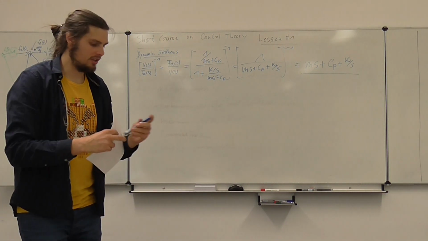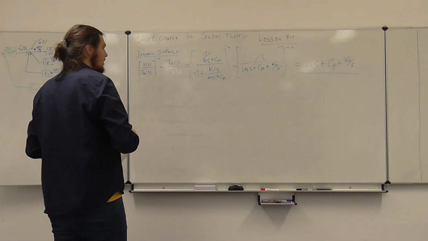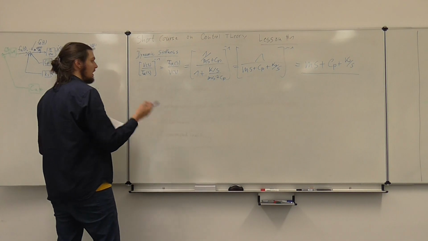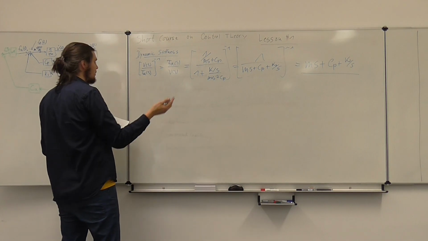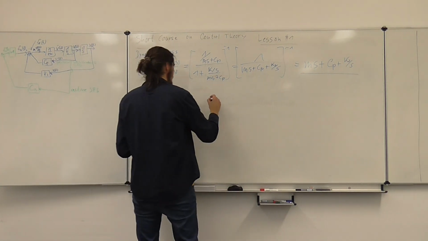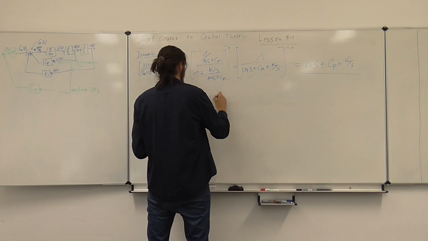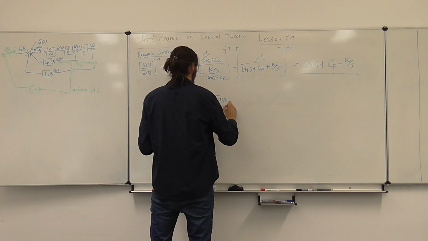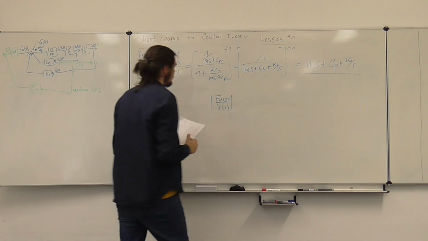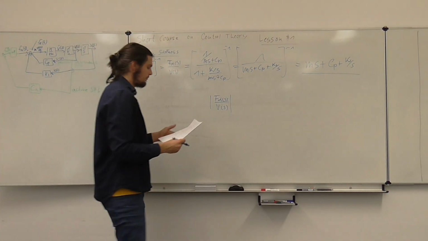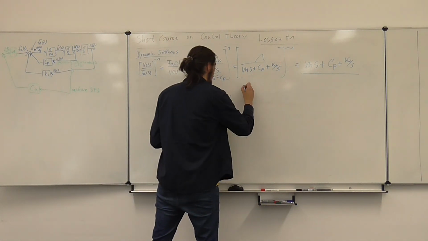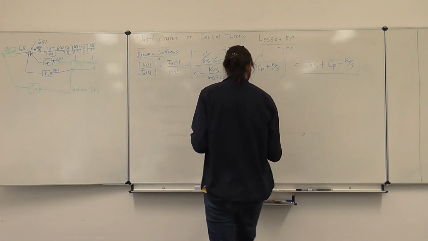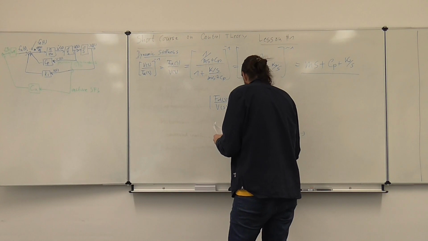And if we plot this now as a frequency plot, we want to plot the magnitude of Fd of s over v of s, in a logarithmic or double logarithmic plot.